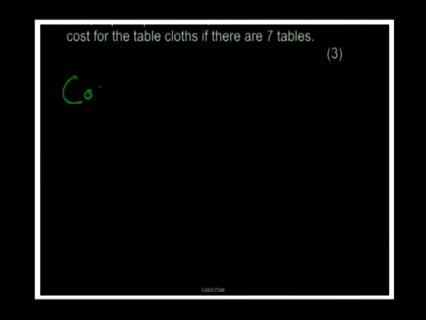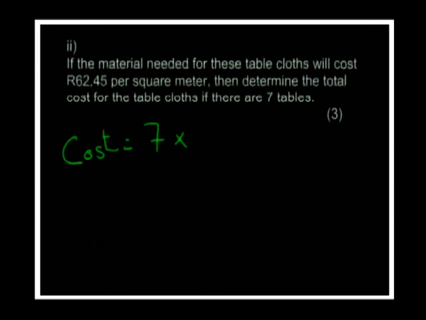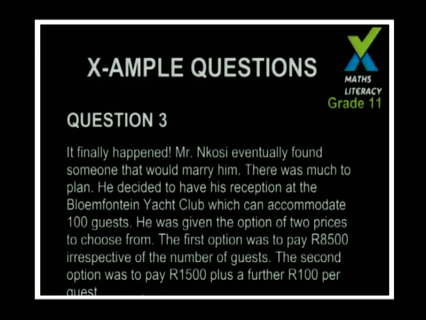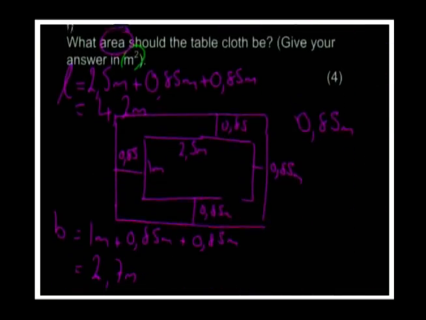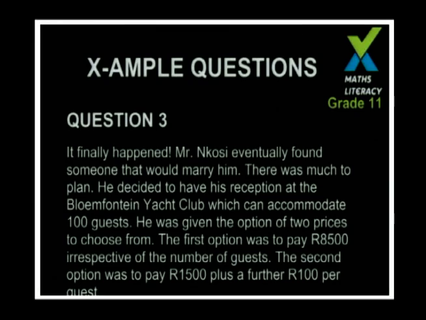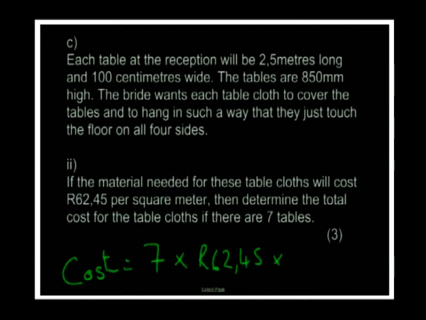Well, I'm going to write straight away. The cost is, I've got 7 tables, multiplied by 62 Rand 45 times, and we had to go back to work this out, multiplied by 11,34 meters squared.